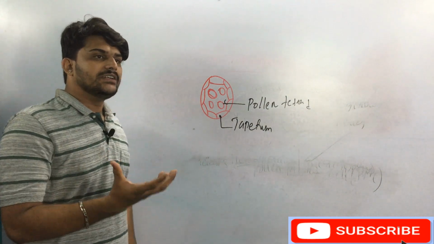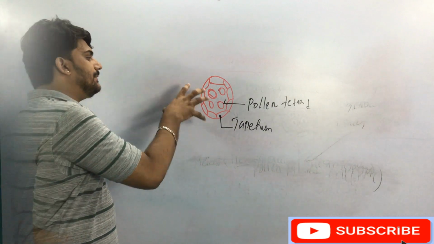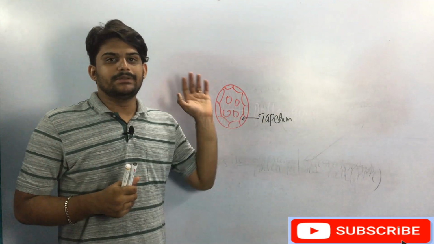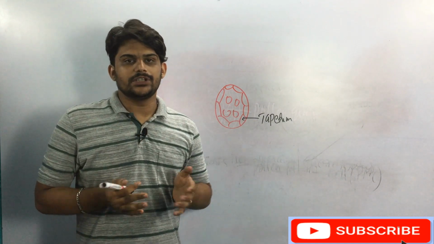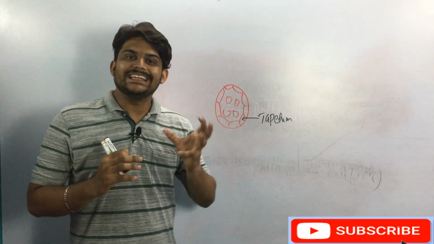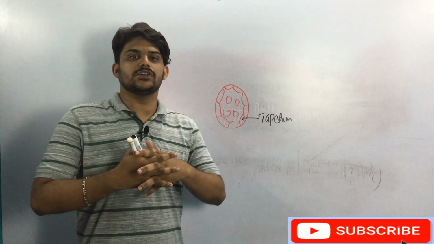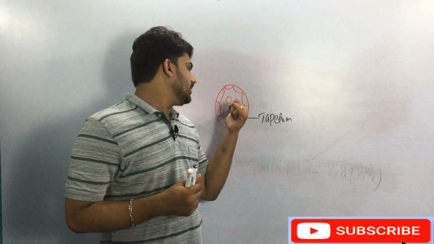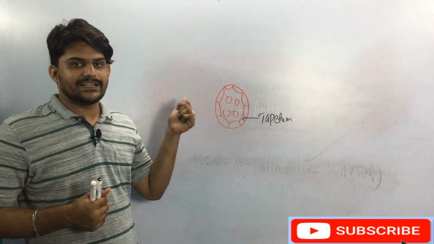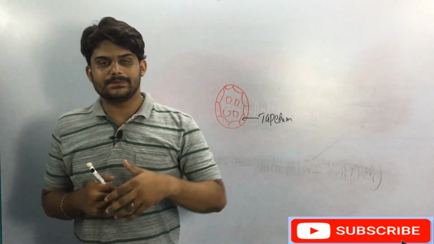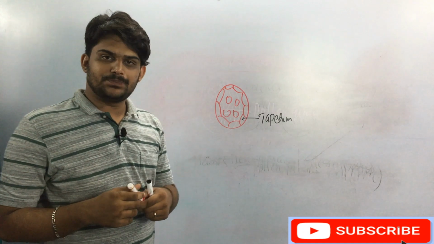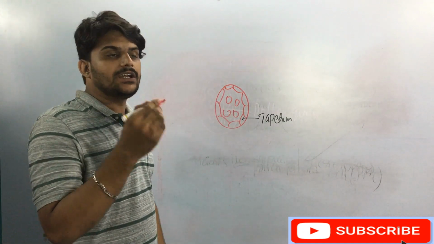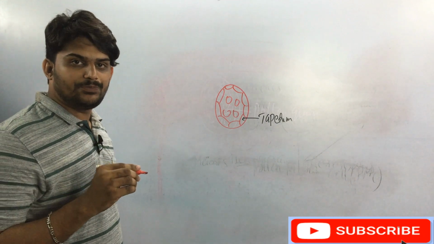The tetrads take all the nourishment from them, and the tapetum and the middle layer dehydrate or vanish, because they give all their nourishment for the development of the pollen tetrads.